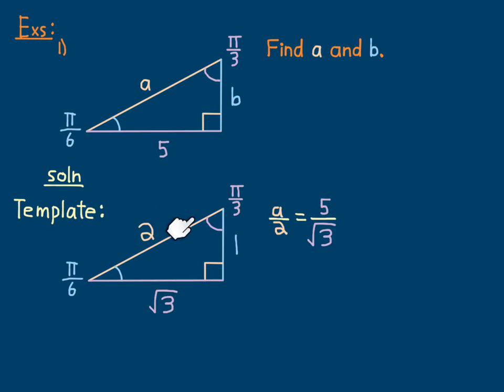Just make sure you don't do the second one upside down, right? So I'm putting the numbers from this triangle on top, the numbers from this triangle on bottom. And the left side of the equation is the hypotenuse, and the right side was this. You could set it up different ways as long as you're consistent.